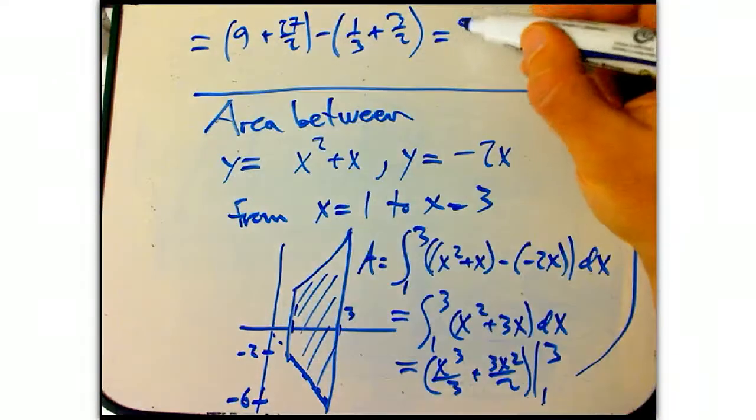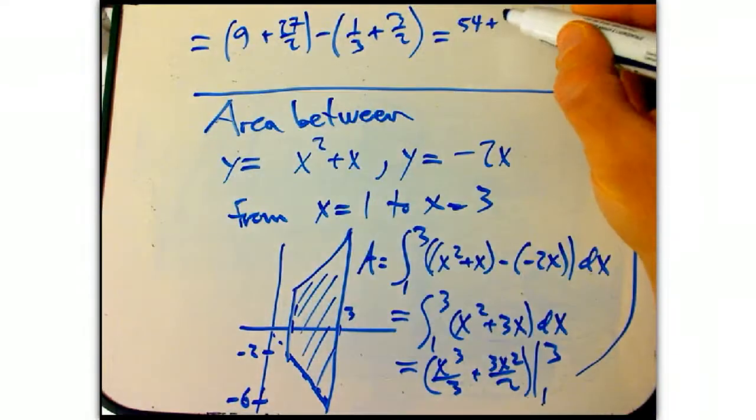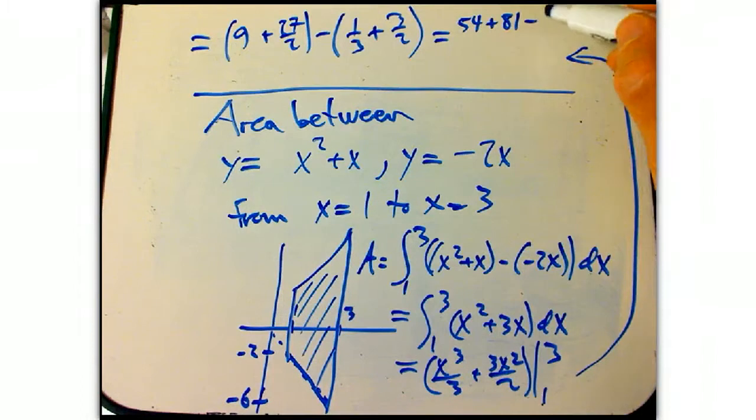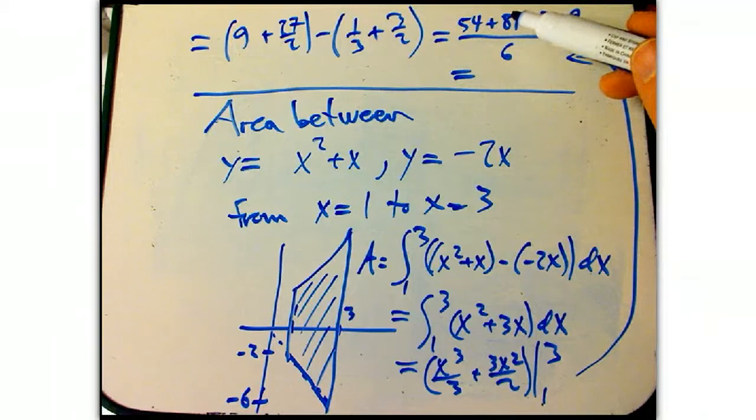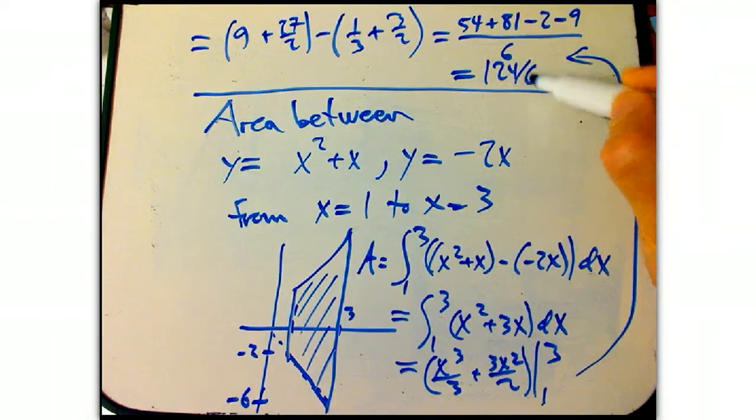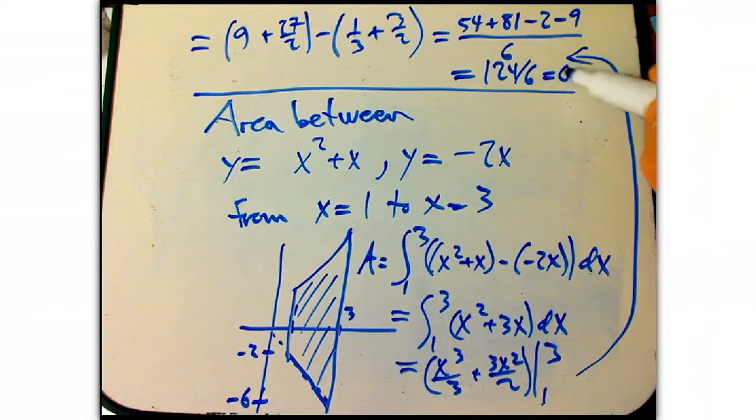So that's 54 plus 81 minus 2 minus 9, all over 6. And you get 135 minus 11, 124/6, I think, which is 62/3. You can check my arithmetic, but that's not the part I'm most interested in.